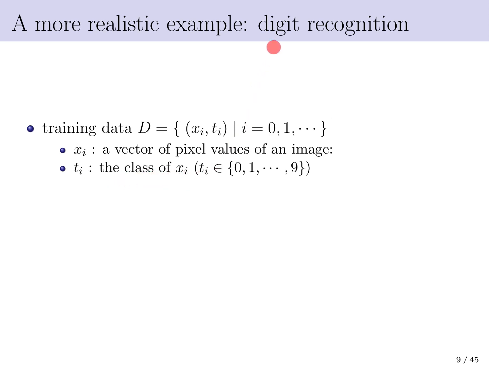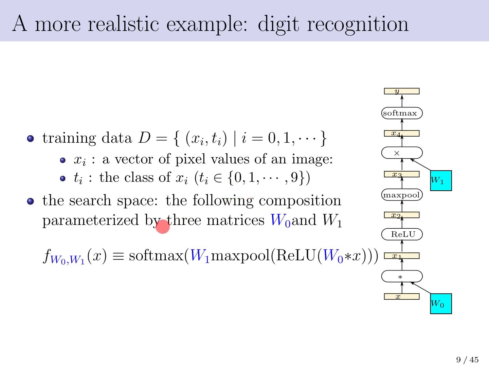In this case, as we are recognizing an image as one of the digits, the class is an integer from 0 to 9. And the search space, well, of course, we can design the search space in many ways.